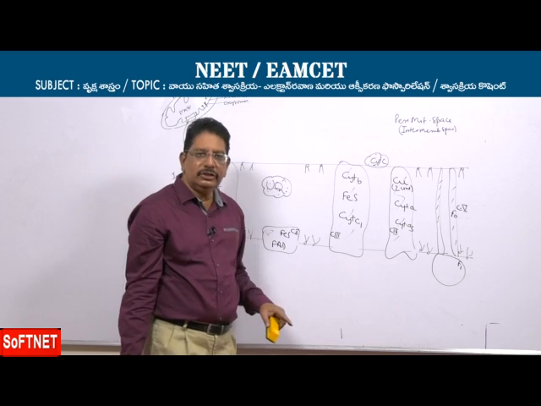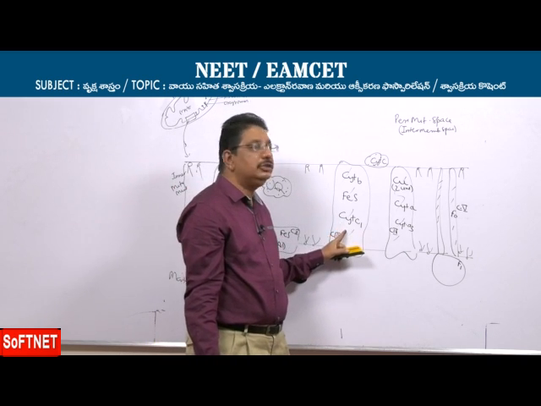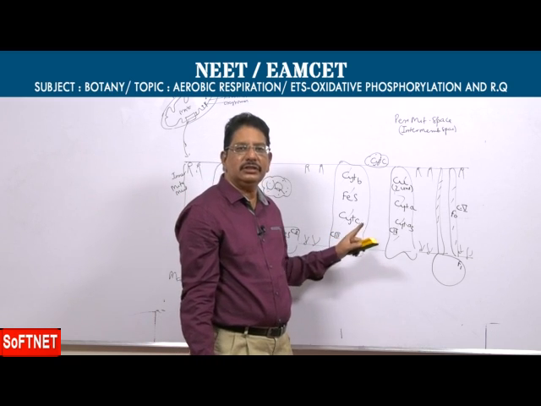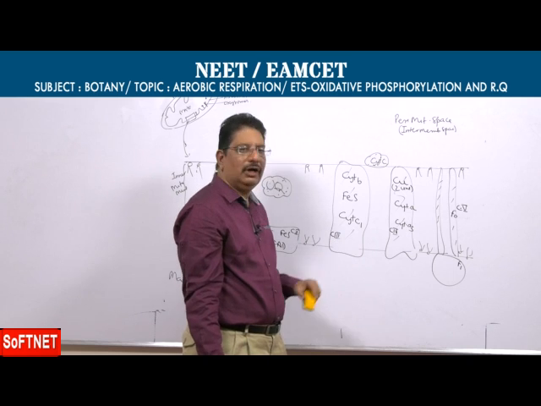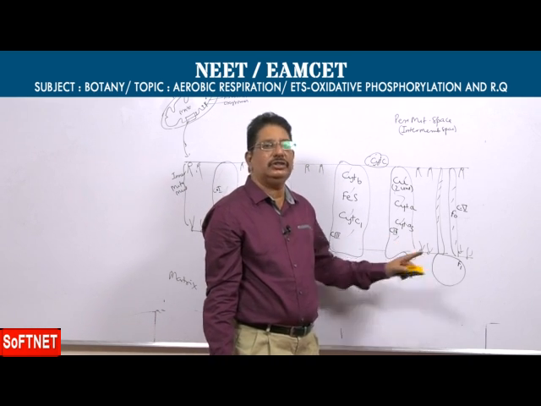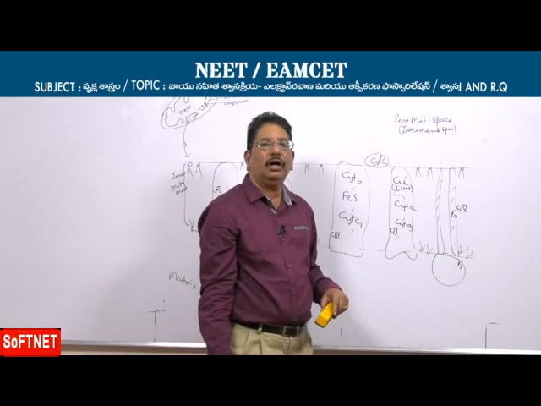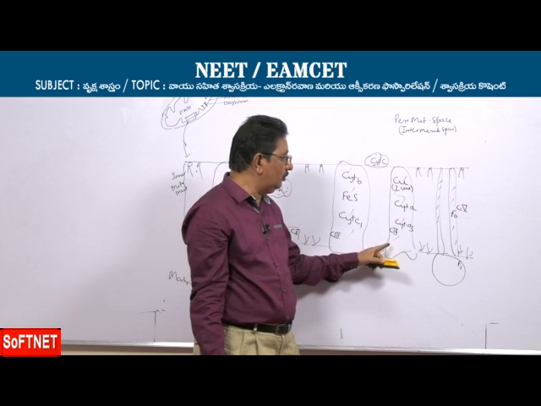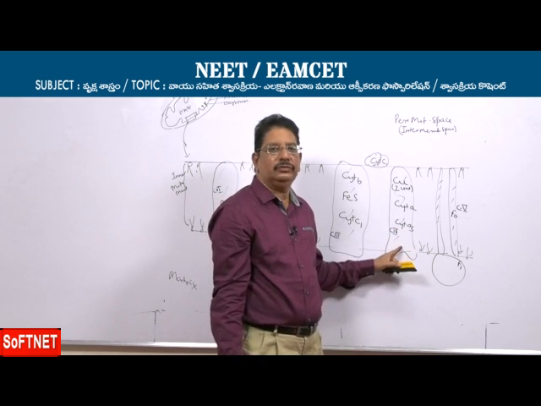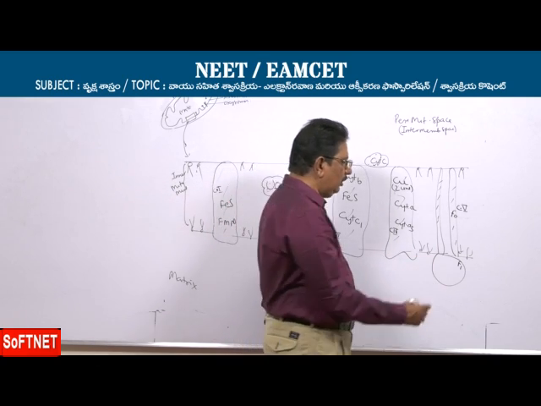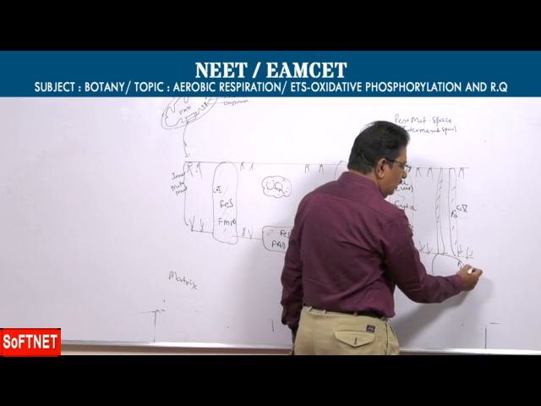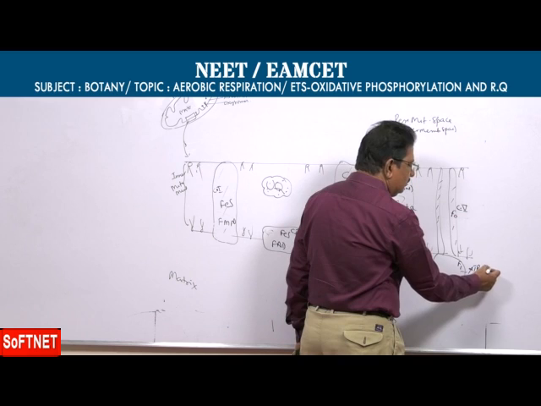For complex 3, it is cytochrome C reductase. Cytochrome C reductase is the enzyme name of complex 3, and cytochrome C oxidase is the enzyme name of complex 4. Like that, the F1 particle of complex 5 is called ATP synthase.